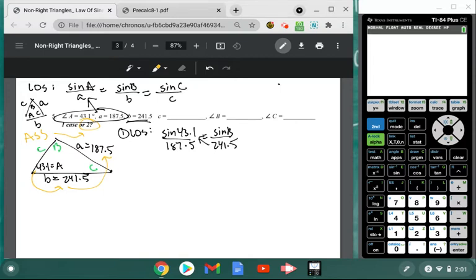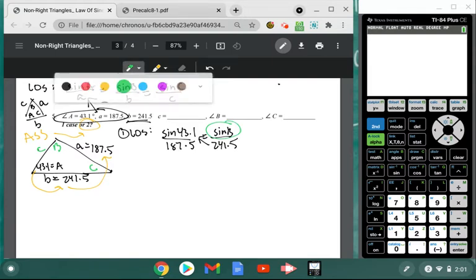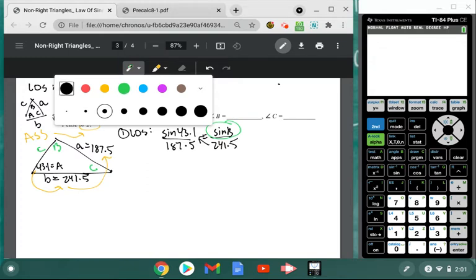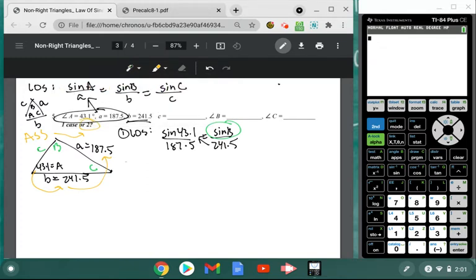Going to go ahead and cross multiply as I'm working to isolate the sine of B and then ultimately angle B. So as I cross multiply, I end up with 241.5 times the sine of 43.1, all divided by 187.5, is equal to the sine of B. I'm going to calculate this on the left to make sure I've got a valid sine ratio.